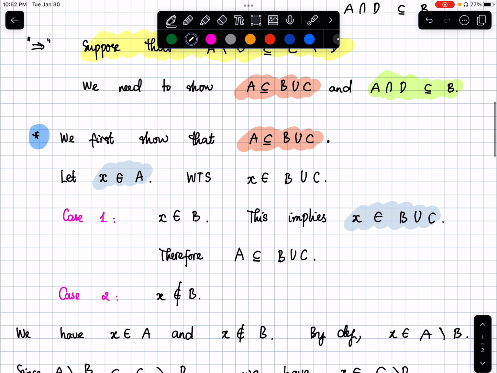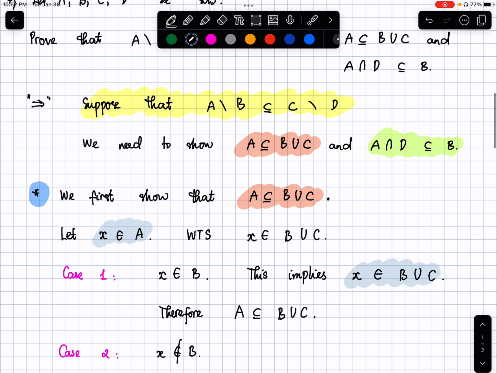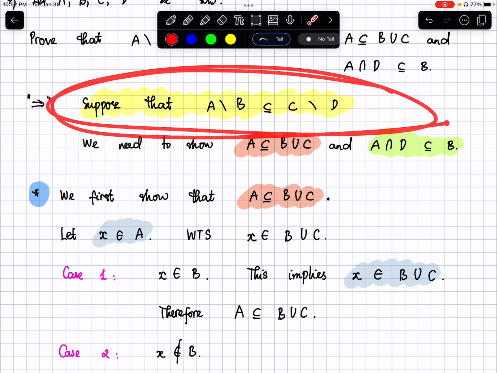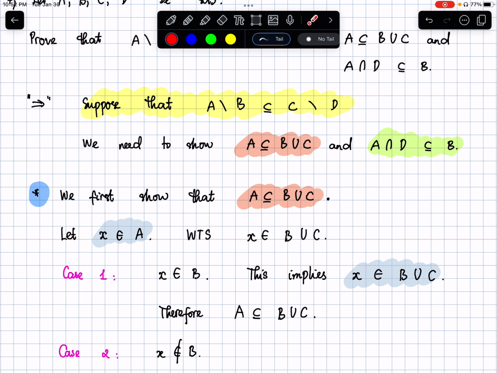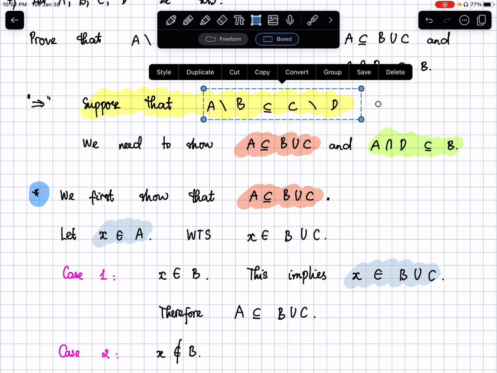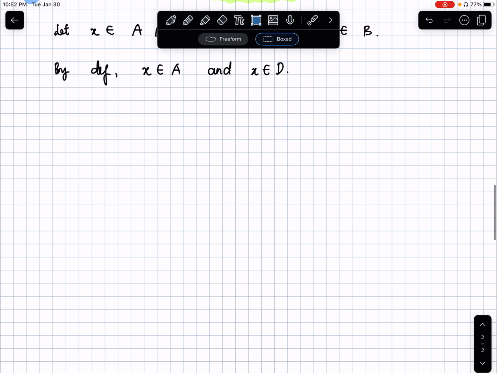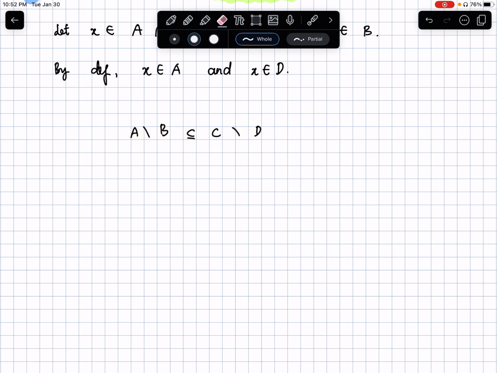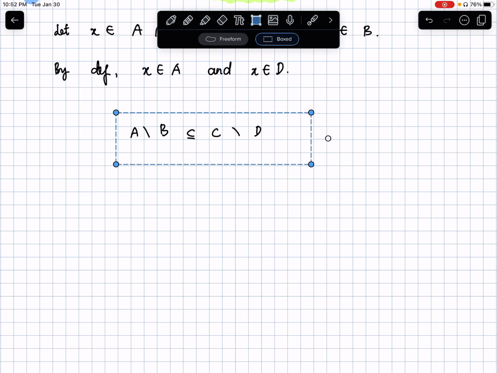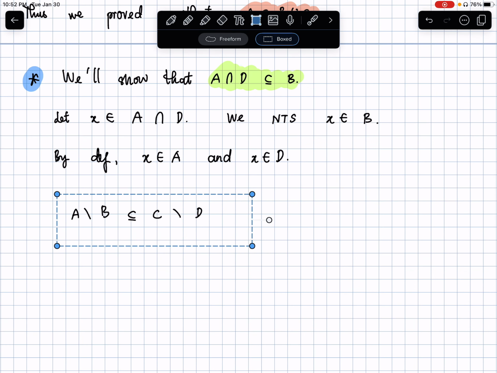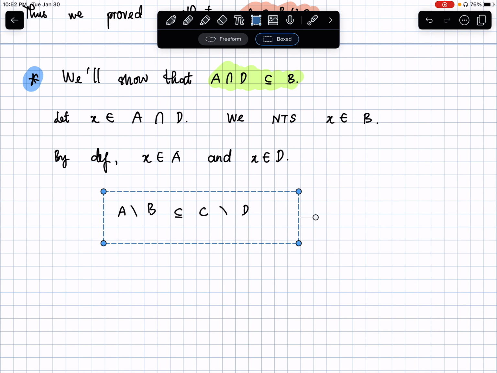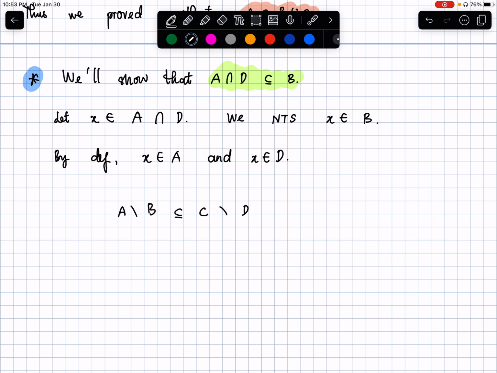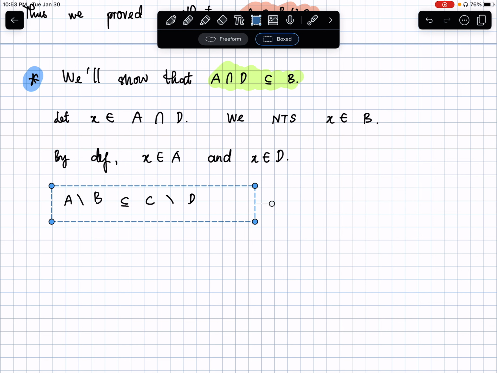Remember that we have this hypothesis, A minus B is a subset of C minus D. Remember we have this.